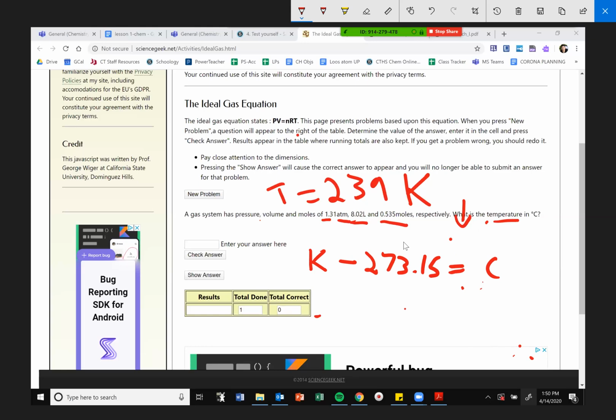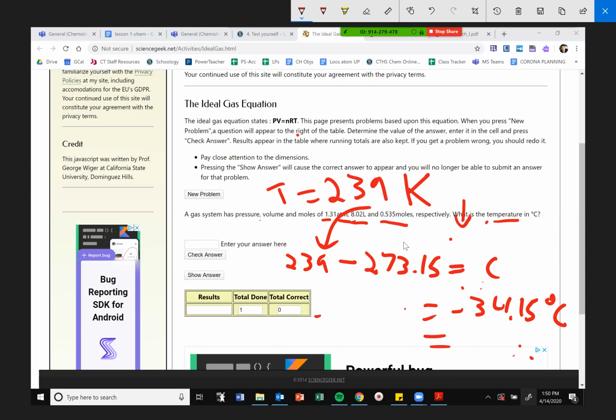So if I want degrees Celsius, I plug in my temperature in Kelvin right here. So 239 minus 273.15 gives me negative 34.15 degrees Celsius.